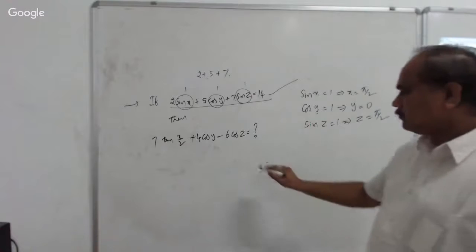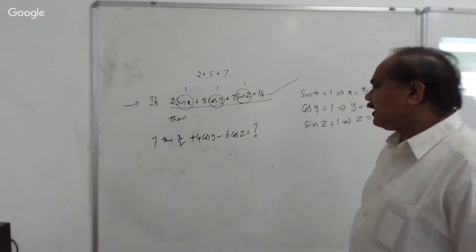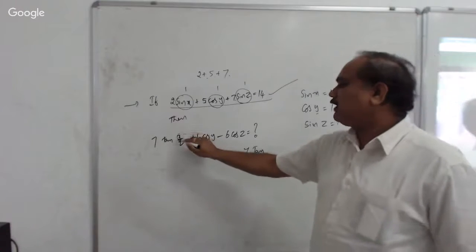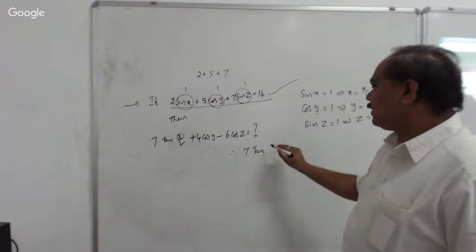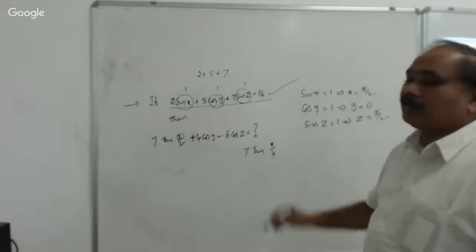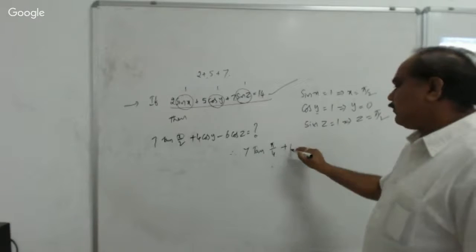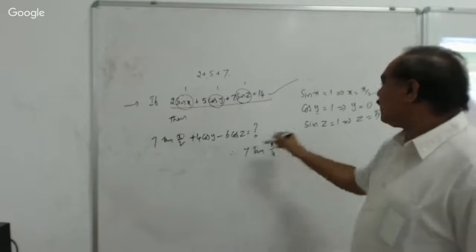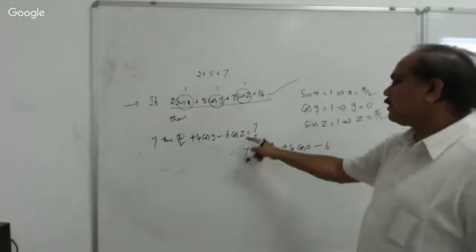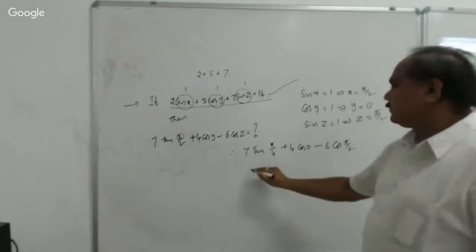Now the value of the given expression is 7 into tan of x by 2. x by 2 is 90 by 2, which is 45 degrees, plus 4 into cos y, y is 0, minus 6 into cos z, z is 90 degrees.